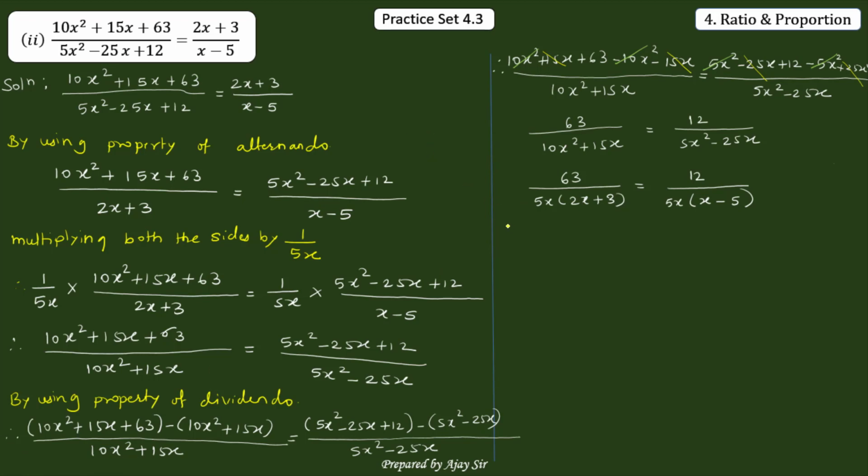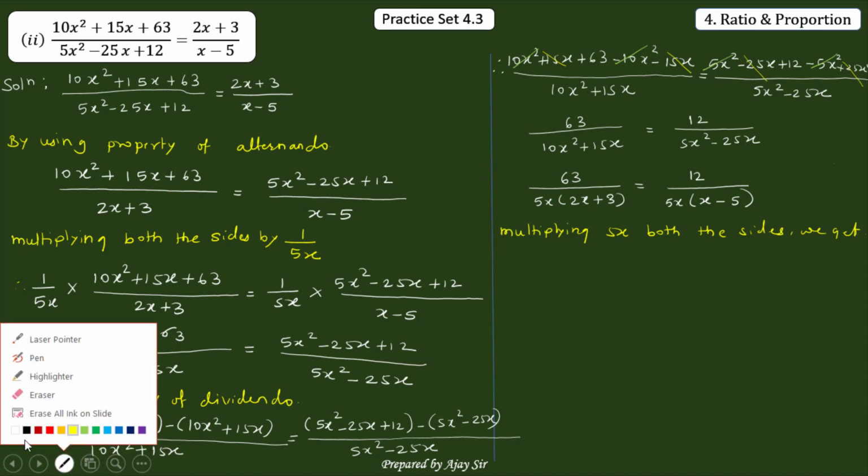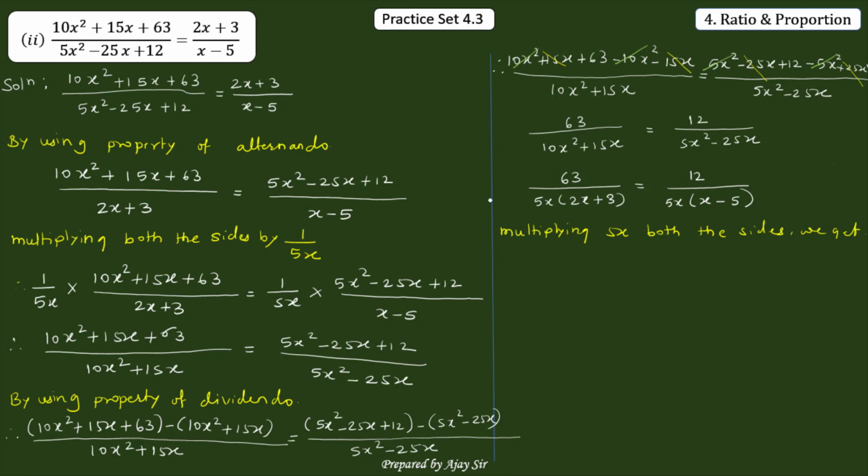So multiplying 5x on both sides, we get, after multiplying 5x both sides, the 5x will get cancelled, and in the numerator this is 63 upon 2x plus 3 only remaining, which we can write in the bracket also, is equal to 12 upon x minus 5 remaining here, because 5x gets cancelled after multiplying.